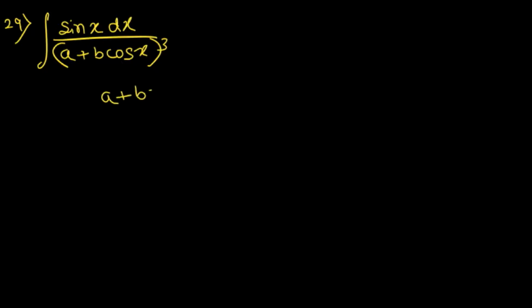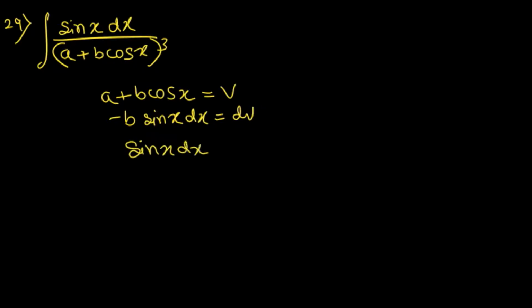Integration of sin x dx by (a plus b cos x) whole cube. If we substitute a plus b cos x as v, then on differentiating both sides we are left with minus b sin x dx equal to dv. So sin x dx is nothing but dv by minus b.